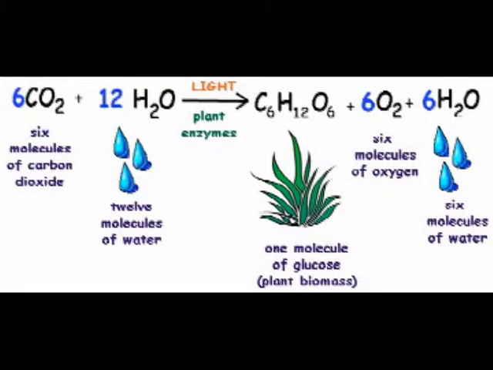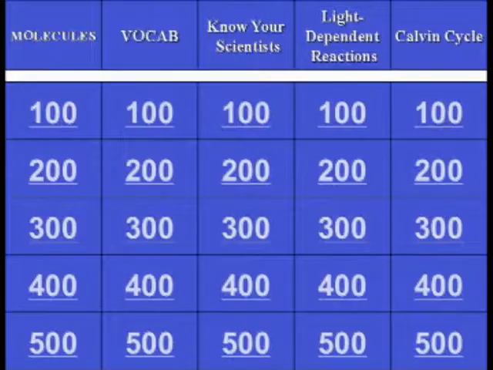In brief, photosynthesis is the process whereby autotrophs make their own food, like green plants. They will take in carbon dioxide and water, and with the aid of sunlight and chlorophyll, they'll make simple sugar, glucose, and release oxygen. So we're going to begin with light-dependent reactions for 100 points.